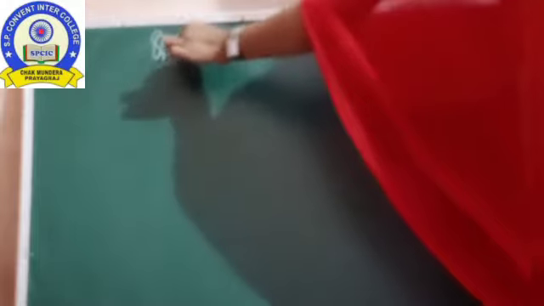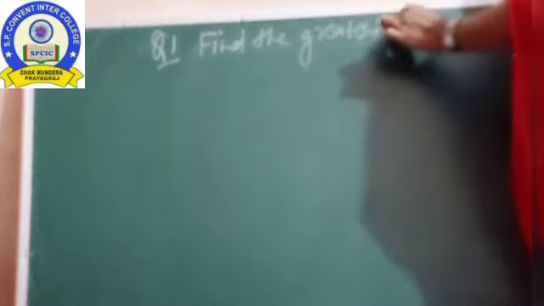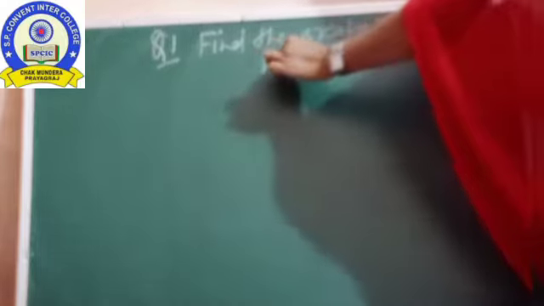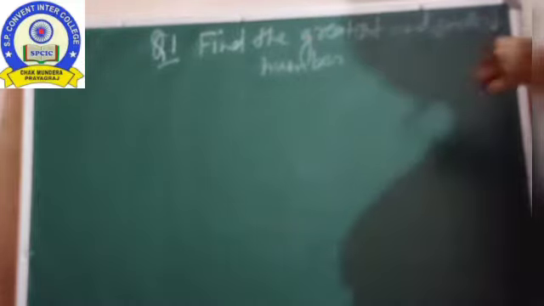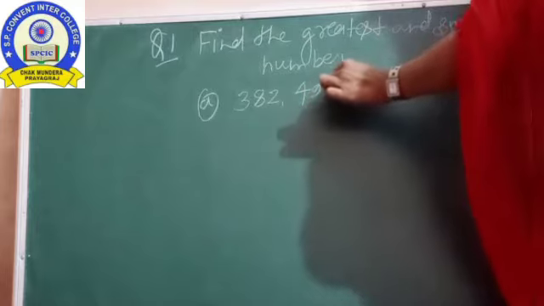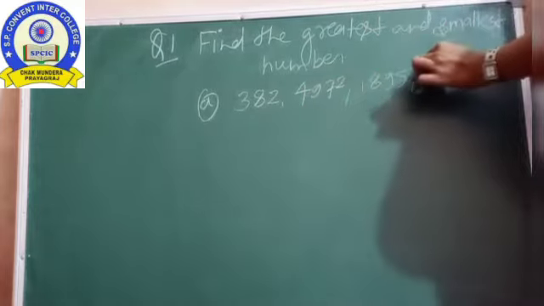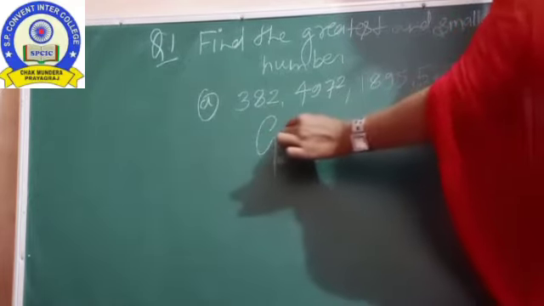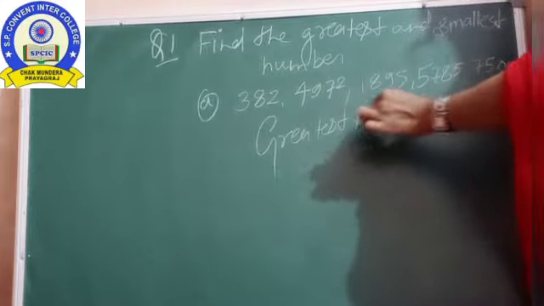First question is: 382, 4972, 1895, 5785 and 750. Greatest number and smallest number.